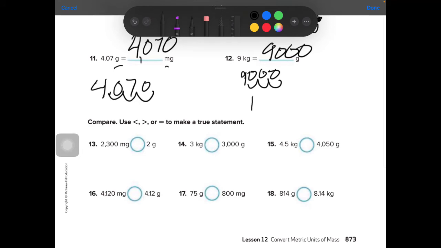Okay, so I'm going to write another King Henry dies grumpily drinking chocolate milk. So I have milligrams to grams. 1, 2, 3 spots over.